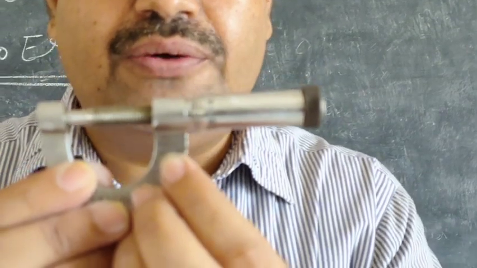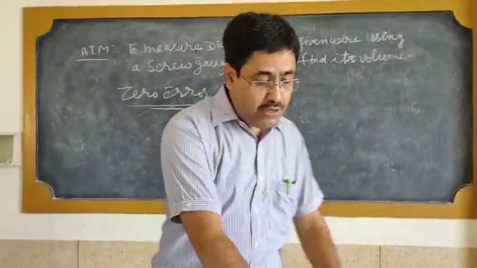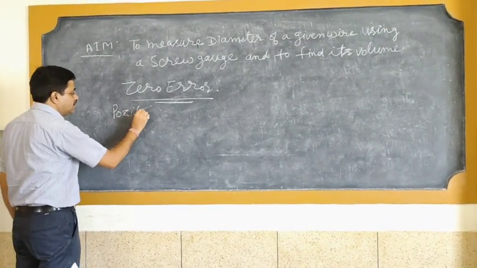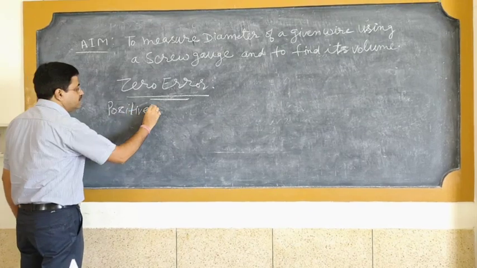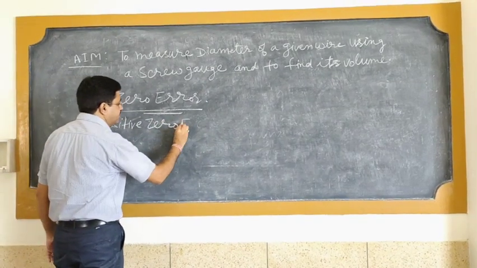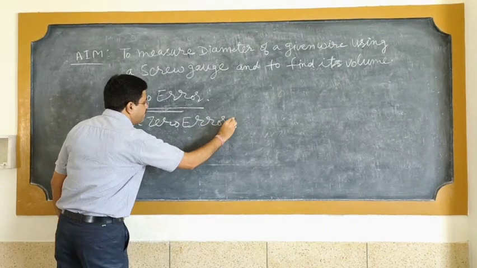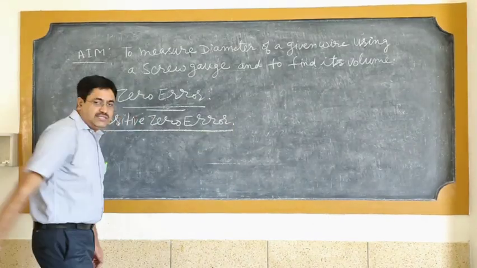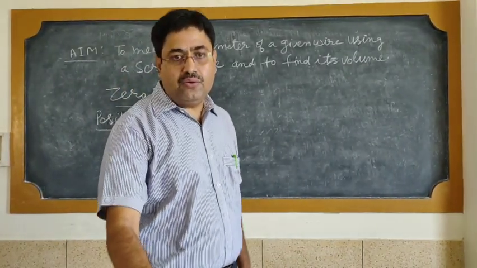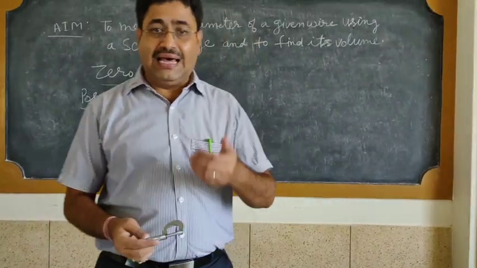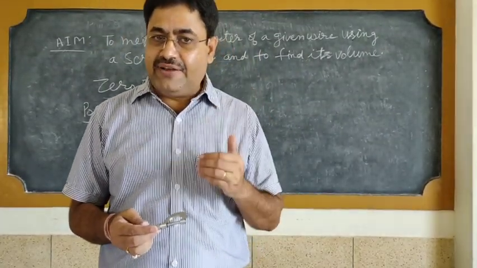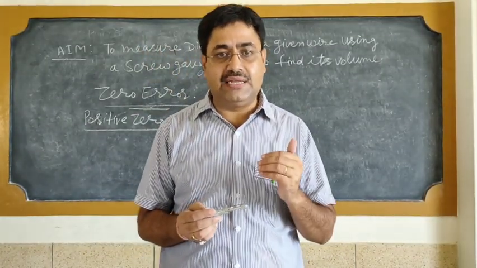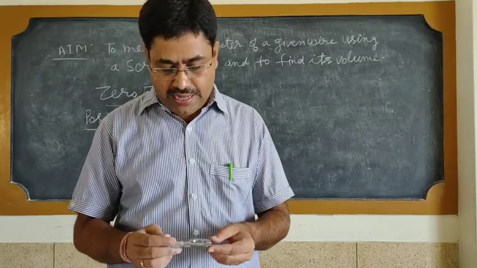Now I am coming to the point. What do you mean by positive zero error? Positive zero error is when zero of the circular scale lies below the reference line.